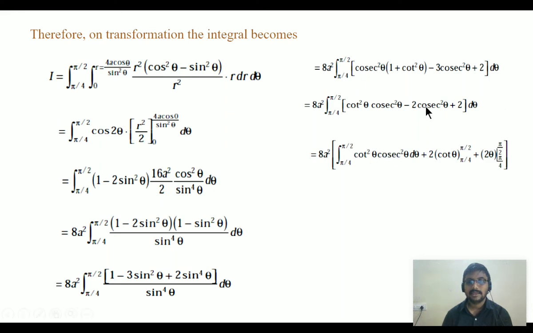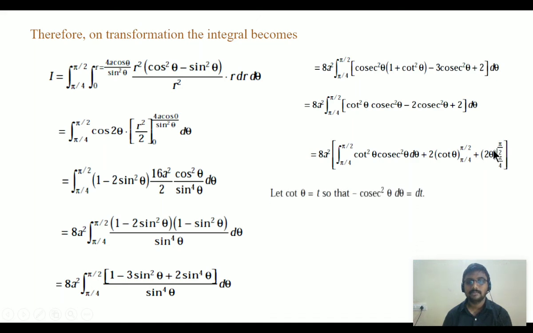The integral of cosecant square theta d theta is minus cot theta. Already we have a minus here, so that becomes plus 2 cot theta. For the last term, the 2 is a constant, and the integral of 1 d theta is theta, with limits pi by 4 to pi by 2.